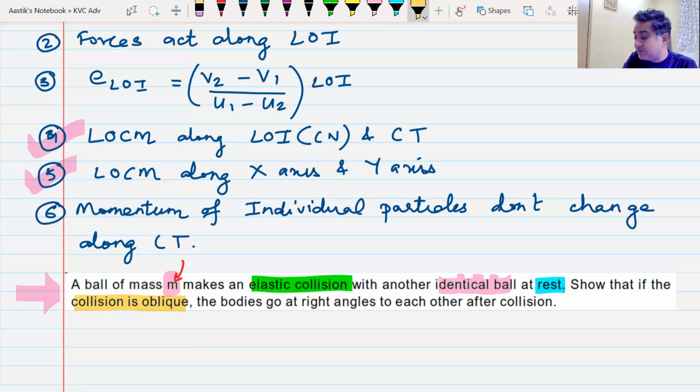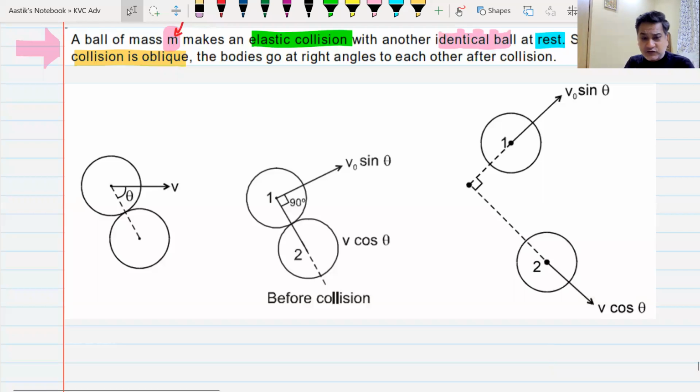This is a diagram of a billiard ball, and you can just draw this diagram to understand the thing. We don't have to solve it, you just write it. As you can see, this is your billiard ball, and this is the ball which is at rest.